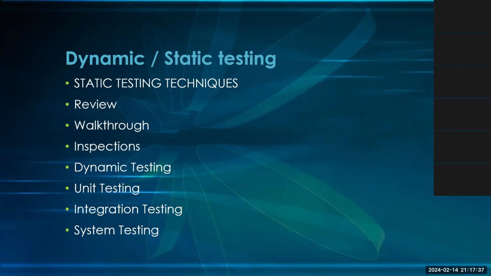So you could have one of your team members pulled over and say, can you walk me through this? So it could be between 2 or 3 team members, where you kind of explain it. This kind of technique is called informal review, and it's not planned, and it can be conducted at any time.